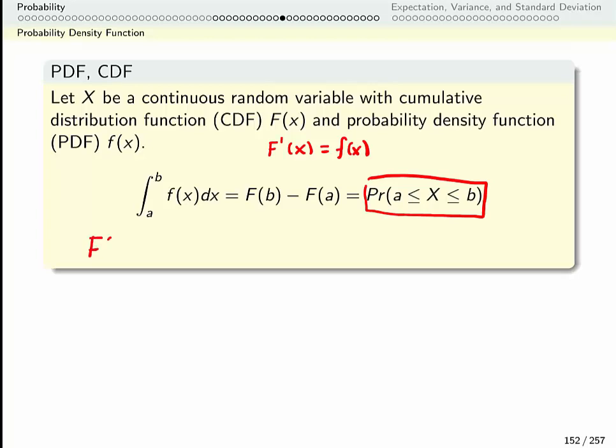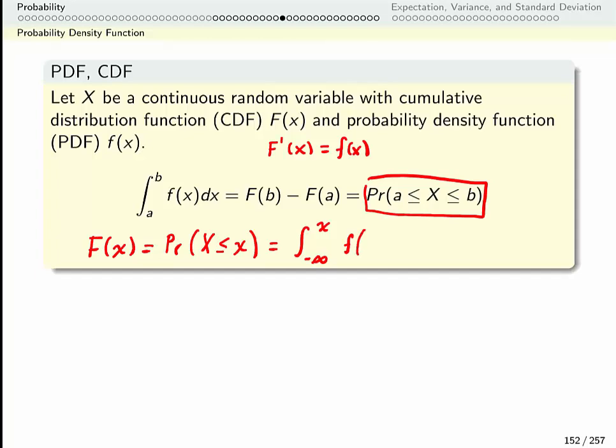Remember the definition of a cumulative distribution function, F of x. That's the probability that my event is less than or equal to this number x. And from this line above, I can see that is the improper integral from negative infinity to x of my probability density function, little f. Now my variable here is x, which has already been used.